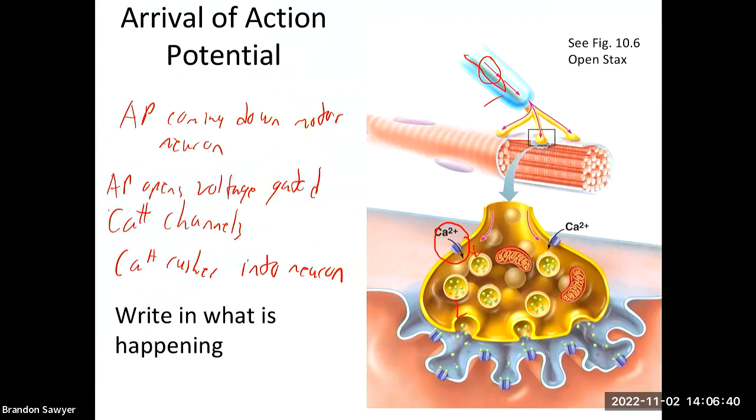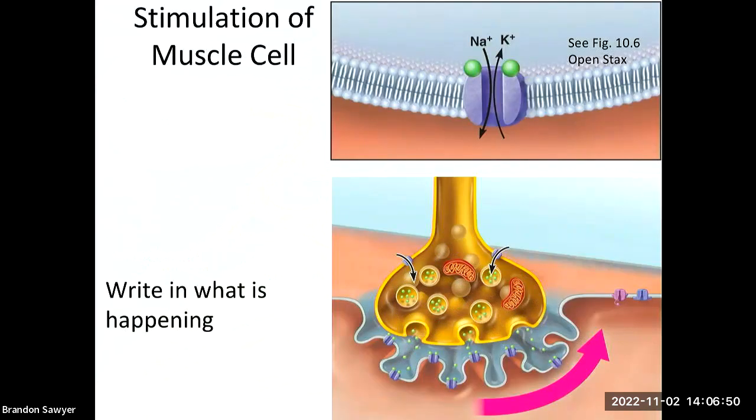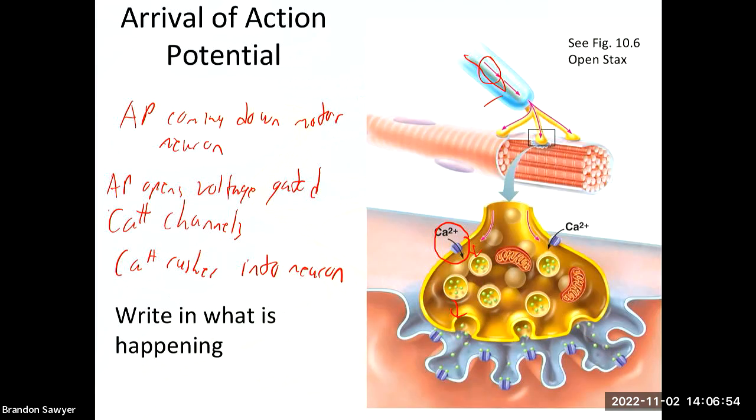These vesicles fuse with the neuron, and then dump all this stuff out in the synaptic cleft. So we could also add in that calcium causes acetylcholine to be released.